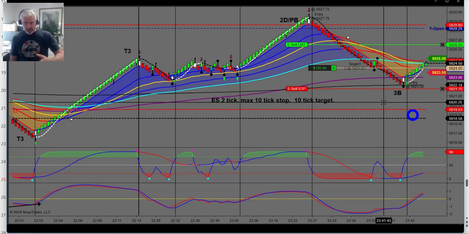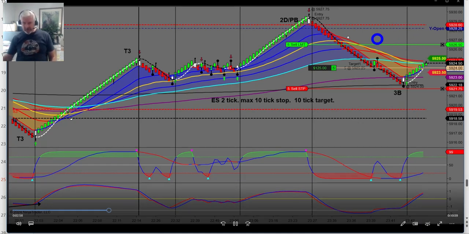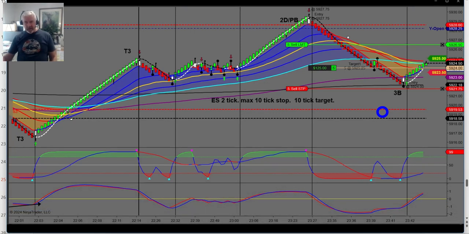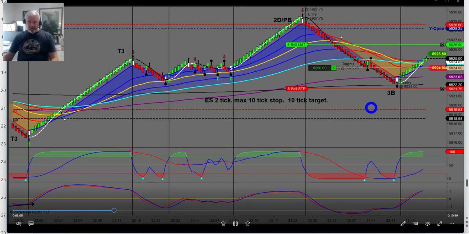Once I get up it goes to automatically +1 if I remember correctly, or +2. I then left it there, and we'll see in a moment, but we then go up and I think we tag it or nearly tagged it. Then it comes back and stops me up for only +2. That can be frustrating at times, but that's part of trading, you know, that really is.